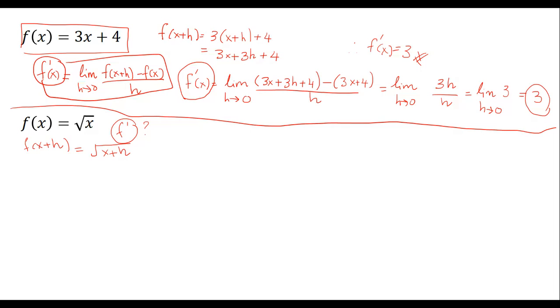Once you have this, you just put your formulation in place. You will now have the square root of x plus h, that is your f(x plus h), and then you minus your original f(x), and then you are dealing with the denominator h, and you know your h must go to 0.